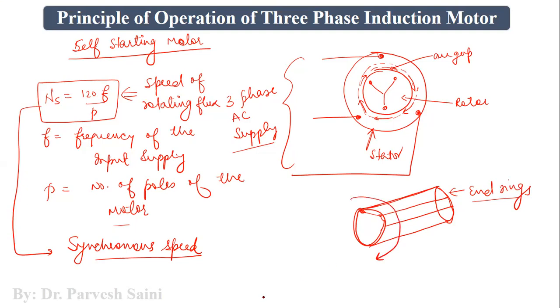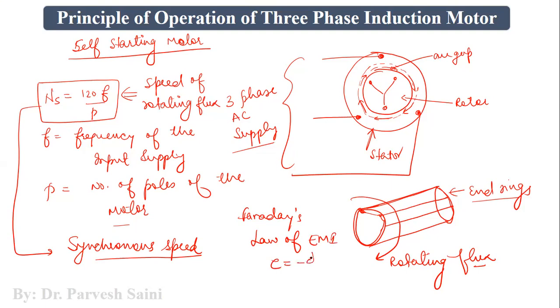So when we have a rotating flux in the air gap, because it is rotating in nature, this flux cuts the conductors, and as per Faraday's law of electromagnetic induction, we have an EMF induced on these conductors, which is given by E is equal to minus d phi by dt.